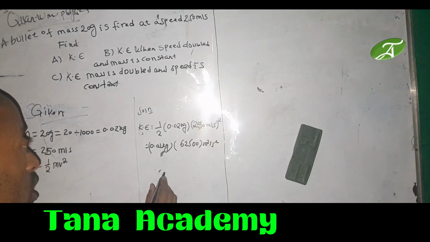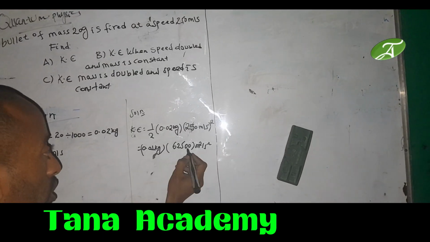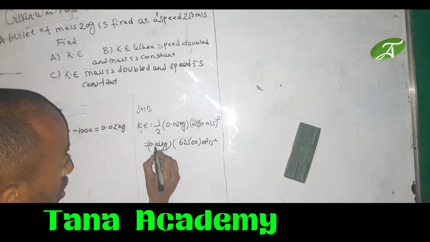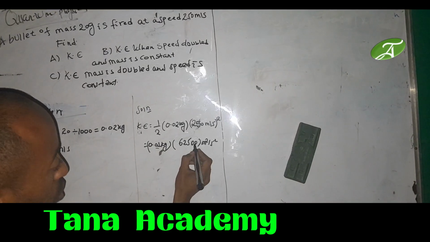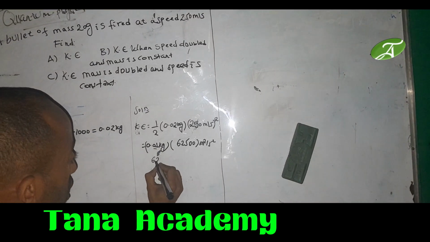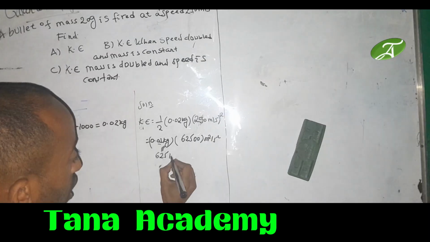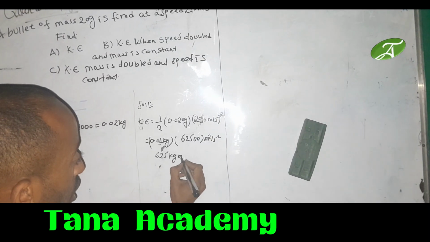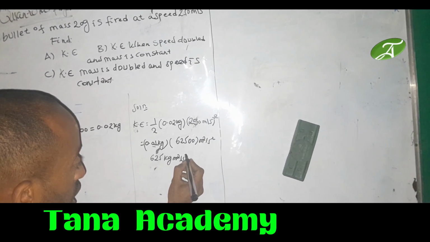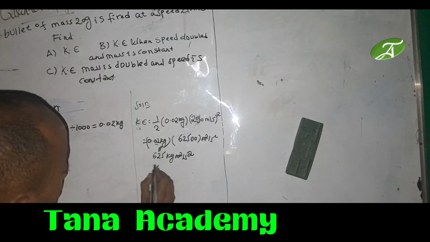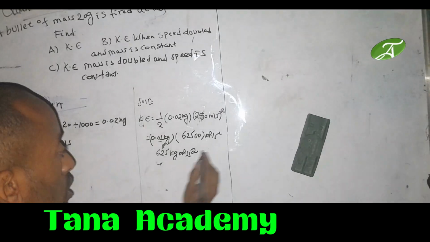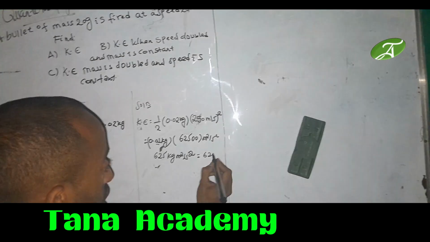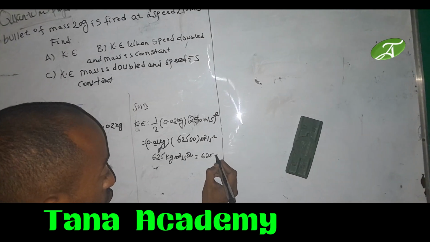And when we multiply this by this one, after the decimal point we have 2 places and we have 2 zeros, and it becomes 625 kilogram meter square second square. And 625 is equal to 625 joule.